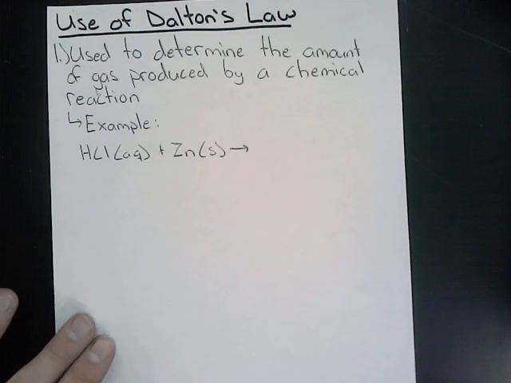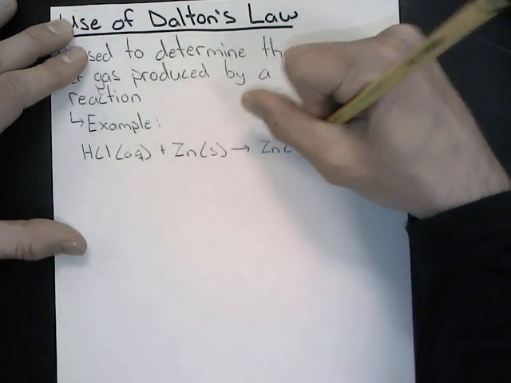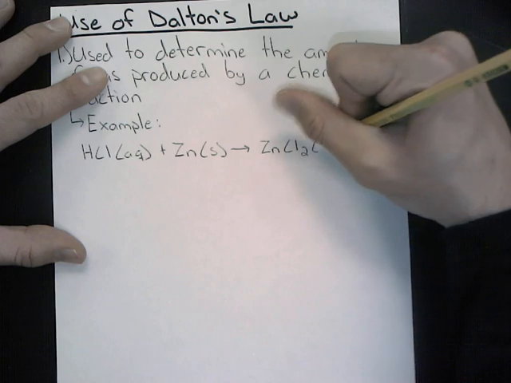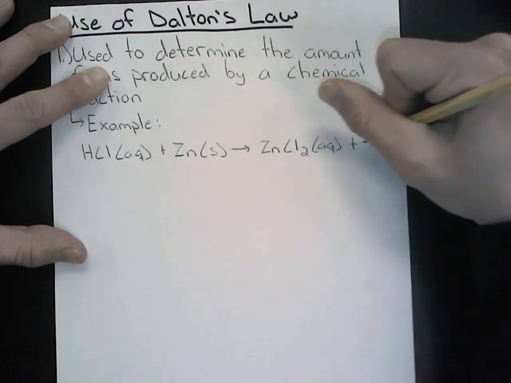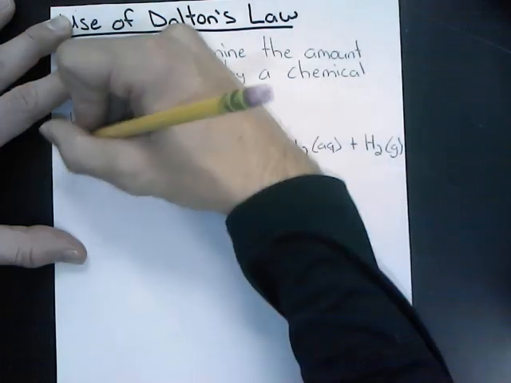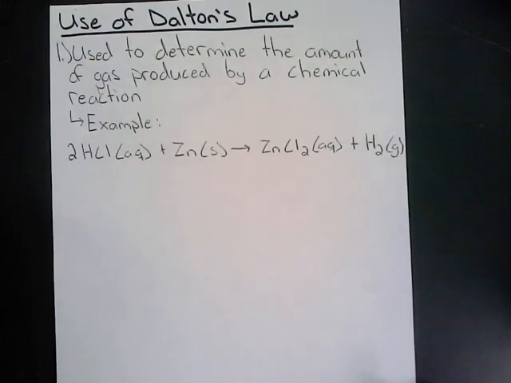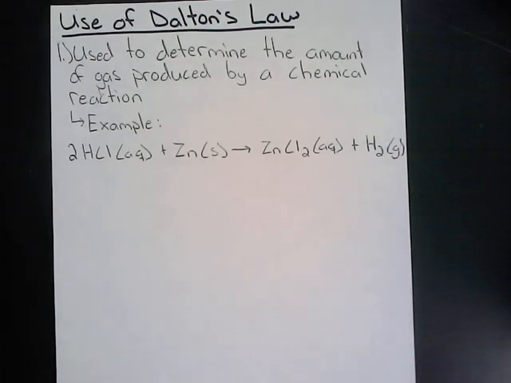When these two substances combine together, the products are zinc chloride and hydrogen gas. Now, we can balance this equation to be as follows, and everything is balanced there. But what we can do here is collect the amount of gas that can be produced from this reaction.